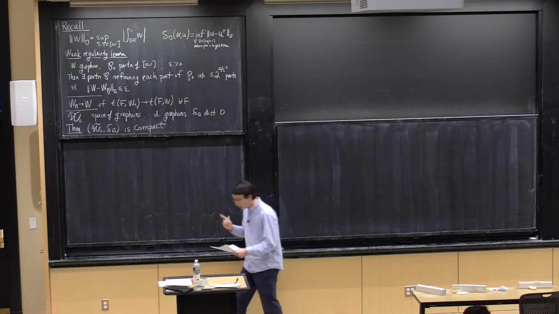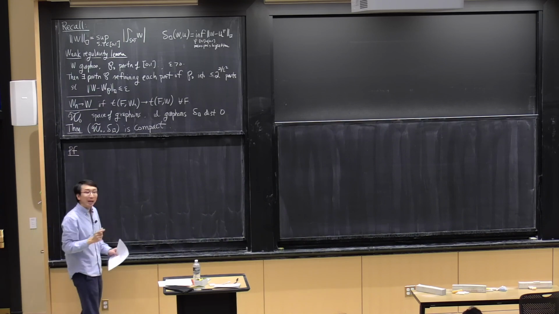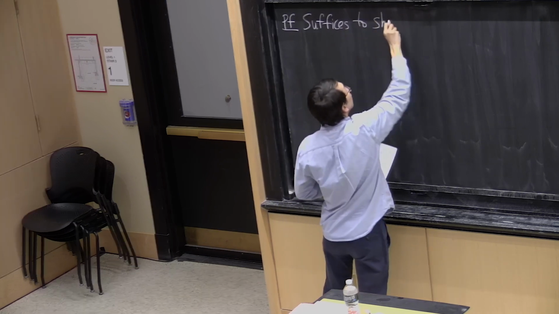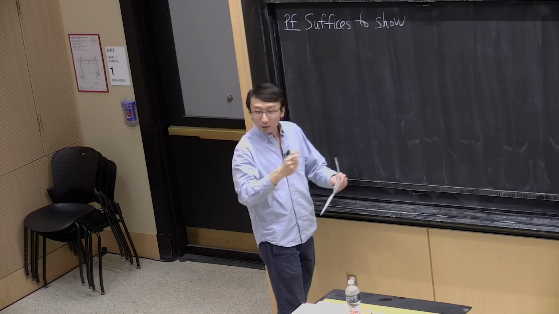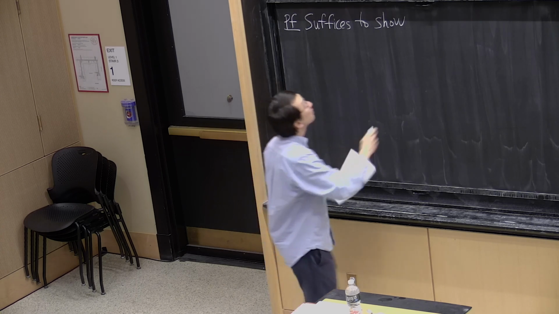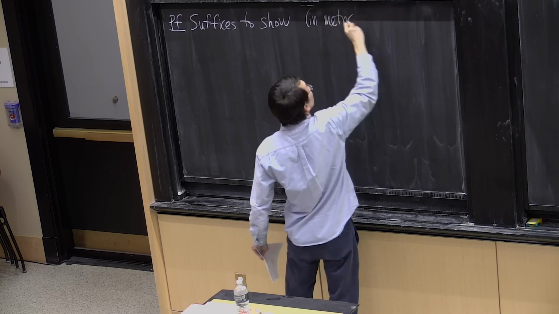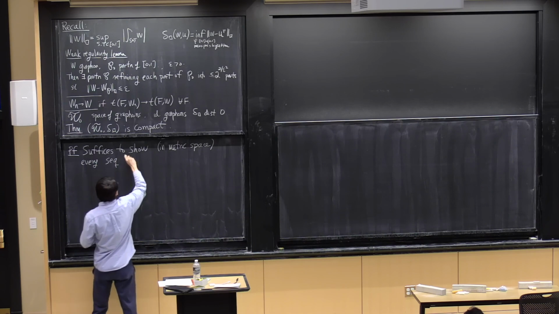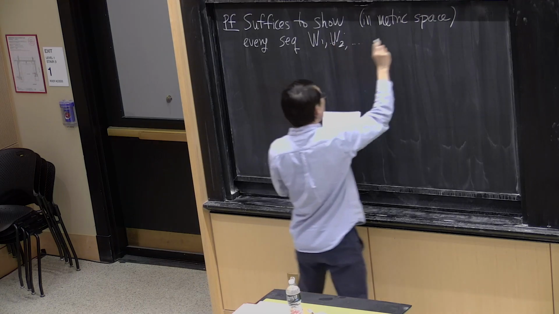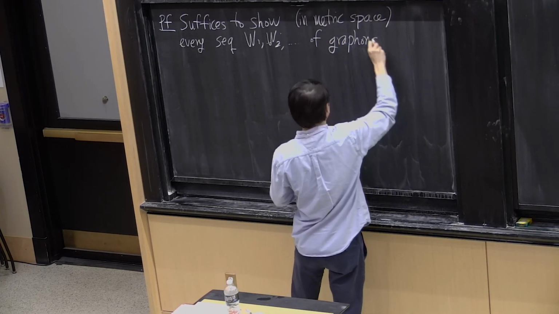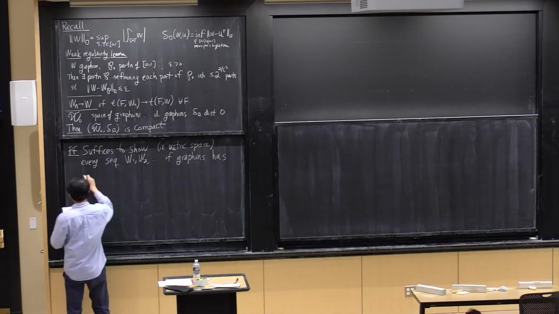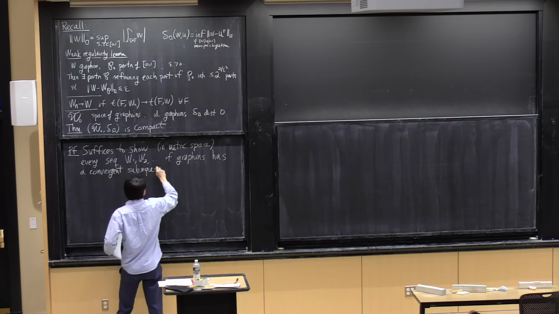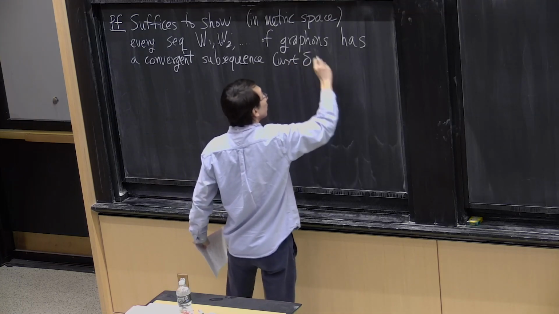So let's see how the proof goes. Now, because we're working in a metric space, it suffices to show, due to the equivalence between compactness in the sense of finite open covers and sequential compactness in a metric space, sequential compactness: that every sequence of graphons has a convergent subsequence with respect to this cut metric.